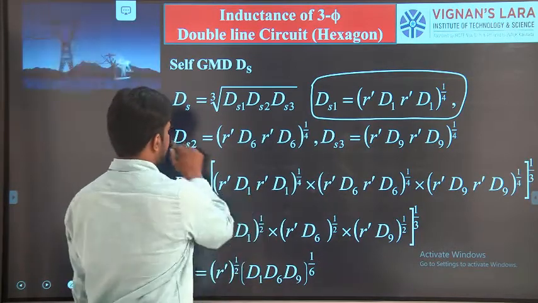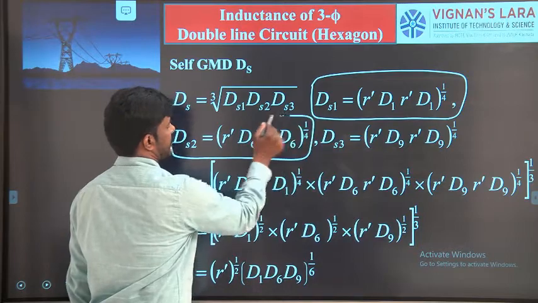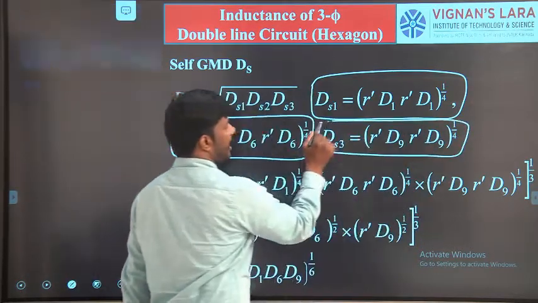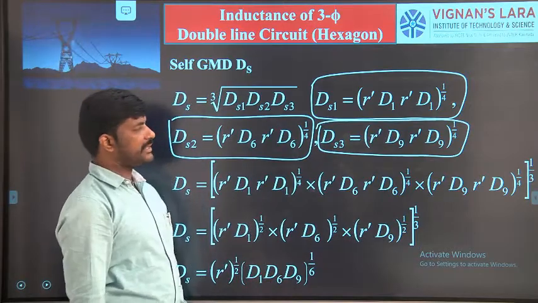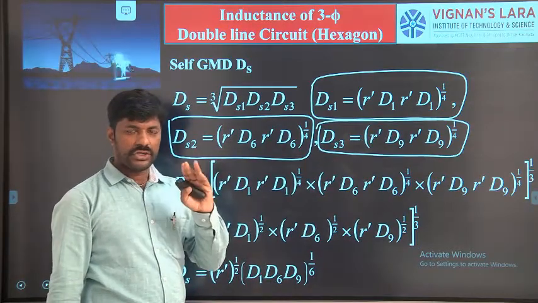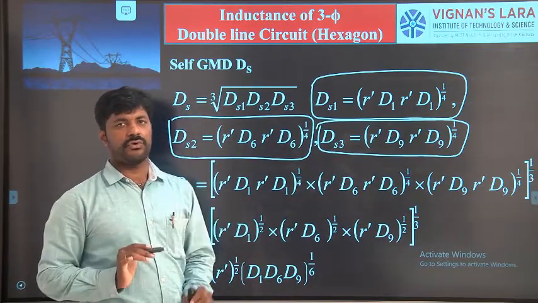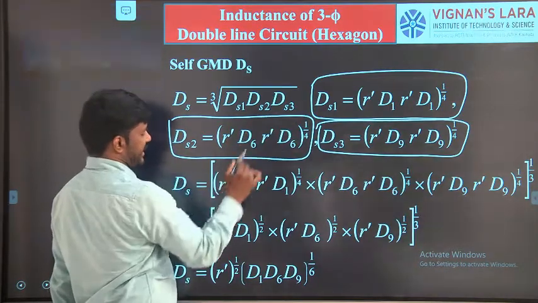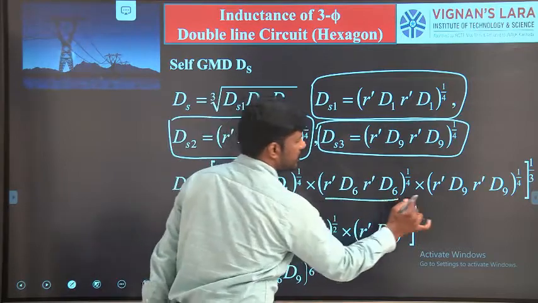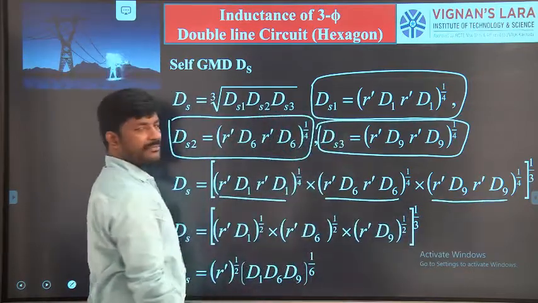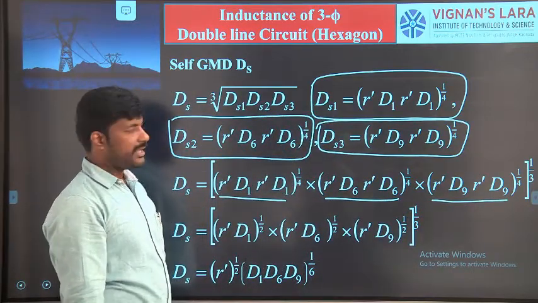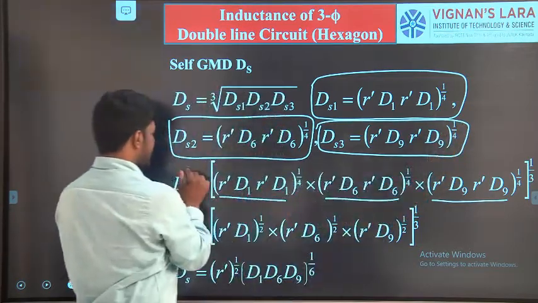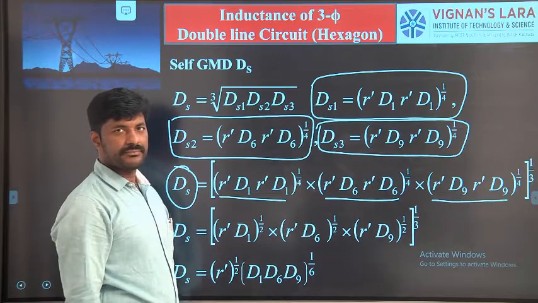This is from the second figure, and this from the third figure. All these 3 values, each with 4 terms whole to the power 1 by 4, are multiplied. Since 3 terms are there, whole to the power 1 by 3 gives me the total self GMD.